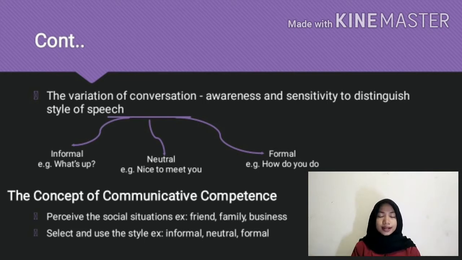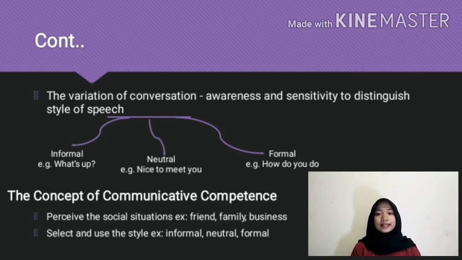So awareness and sensitivity are involved with the situation at different levels of formality. The next is, in the communicative coursebook, it's important to consider the concept of communicative competence. The first one is to perceive the social situations, for example, family, business, and so on.